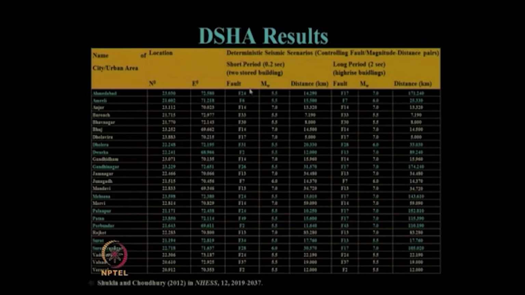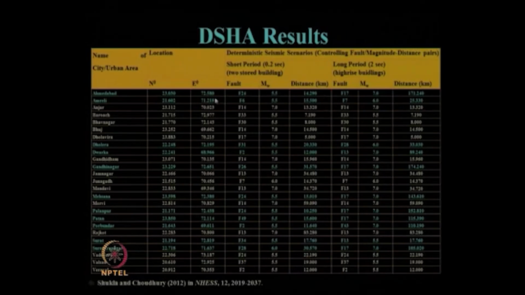What does it mean? Let us say the first row, that is for Ahmedabad city. For Ahmedabad city, when we are analyzing for short period, fault number 24 is coming to be more critical, which gives us the value of MW as 5.5 and the distance from site to source is about 14.290 kilometer.